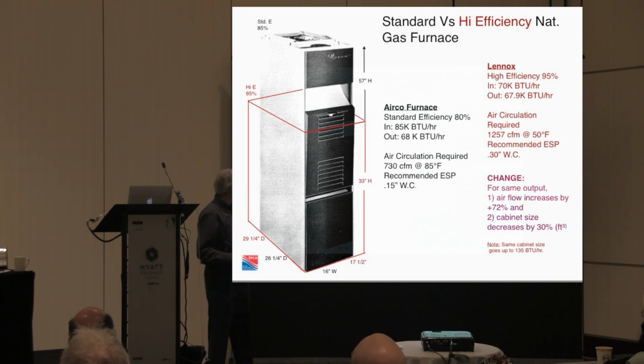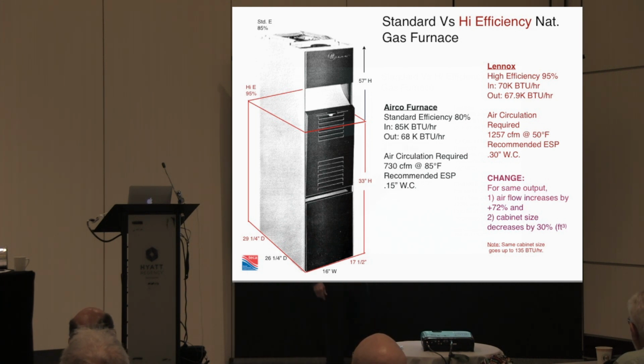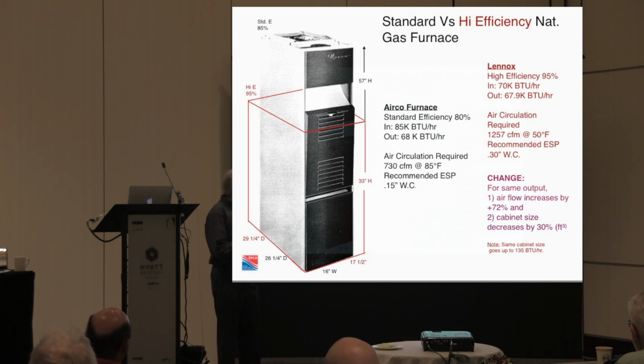Now, let's look at the red outline, which represents a Lennox furnace today. Again, it has 60% of the market share in BC. It's a good product. But look, for the same output, it has 1,257 cubic feet a minute, which is its sweet spot, which is a hell of a lot more air than what we had in the old appliance.